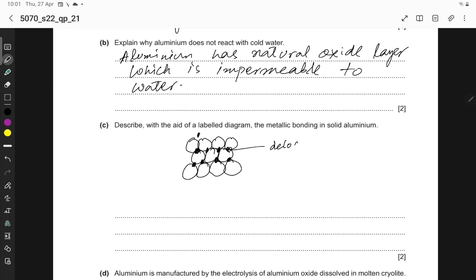Delocalized electrons and positive ions.